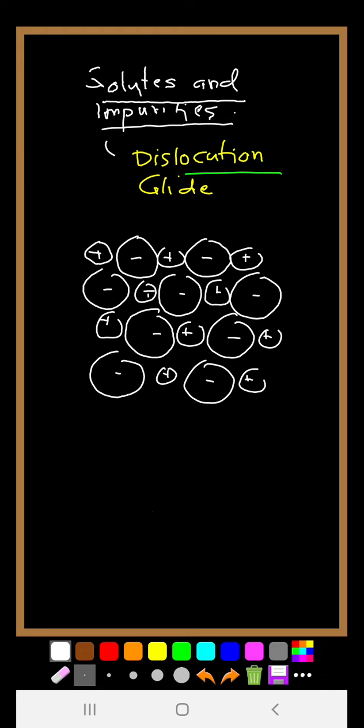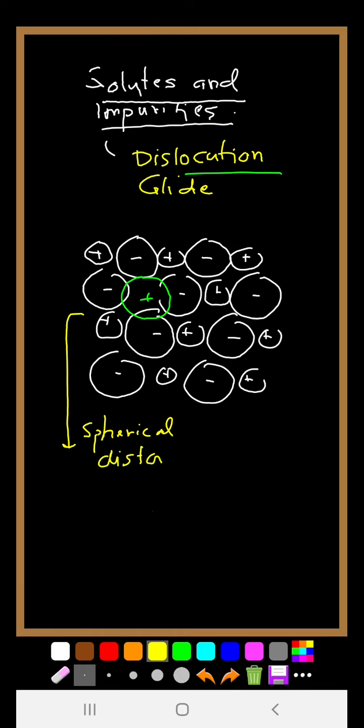So this is a crystal. Now, if somehow we replace maybe this cation by a cation of larger size, and it is univalent, so there is no difference in charges, this will lead to what we know as a spherical distortion, and it is not going to interact so strongly with the dislocation glide.